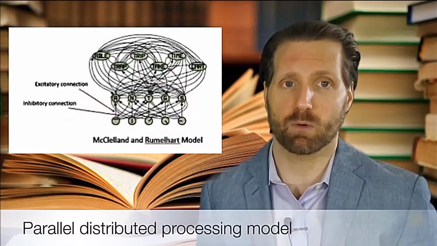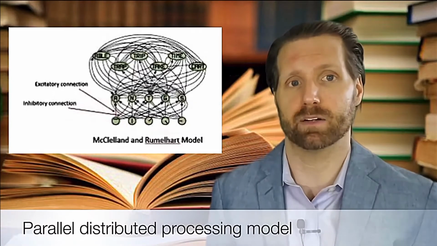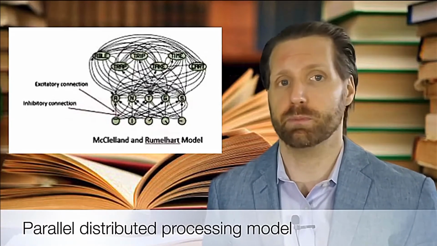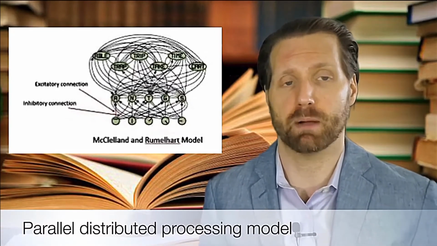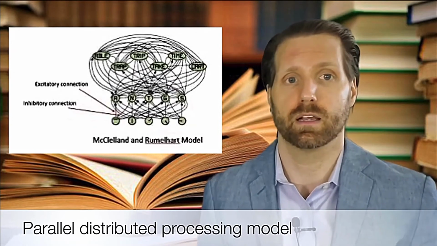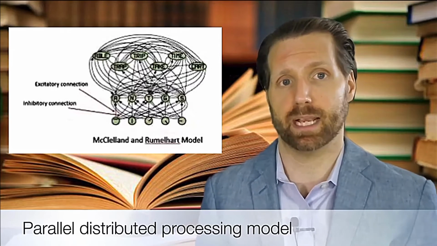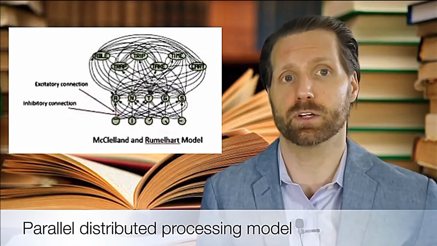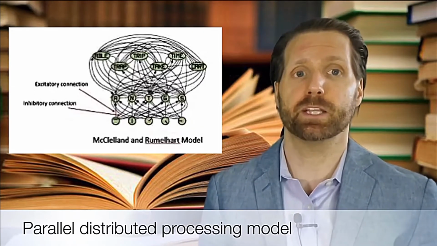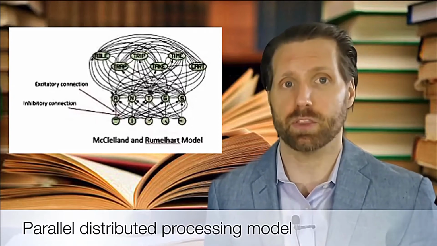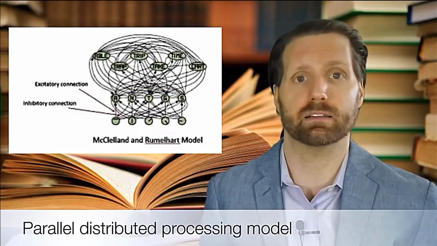An explanation for why this happens can be found in the parallel distributed processing model proposed by McClelland and Rumelhart. According to this model, the mind not only simultaneously processes the features of sensory inputs, but the feature detectors influence each other to become more or less likely to fire.